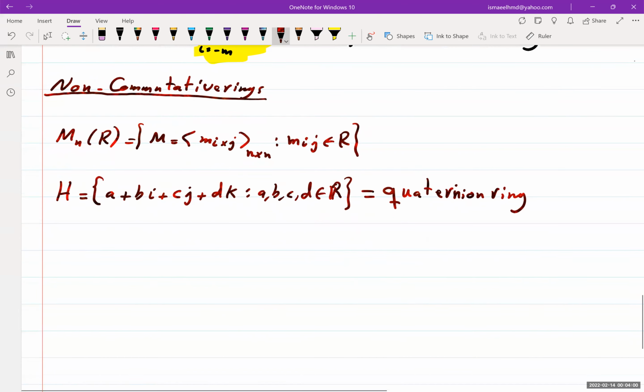Of course, every non-zero element in this ring has an inverse.